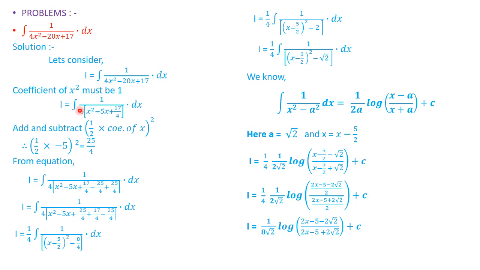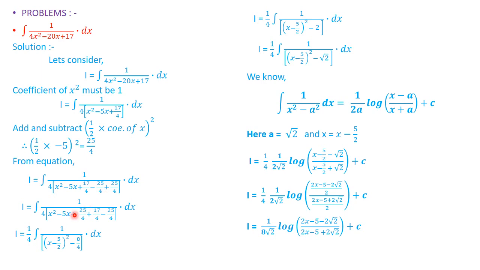Taking 4 as a common term outside the bracket. If we take it as a multiple, then we have to divide the remaining terms throughout. Therefore we have the terms in this way. Now to obtain the third term, the formula is third term equal to half into coefficient of x, bracket square. The coefficient of x is minus 5, then we will have 25 by 4, adding and subtracting.